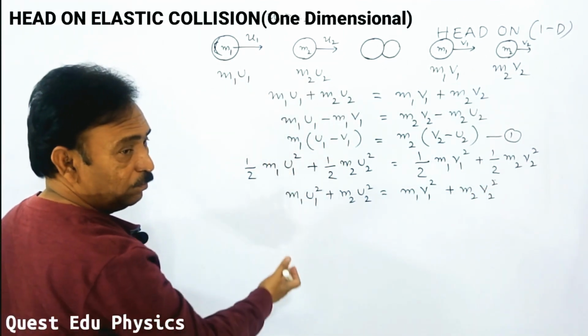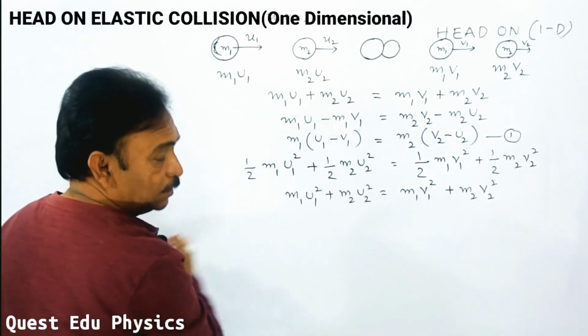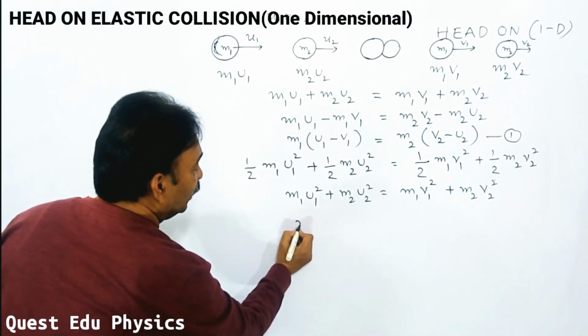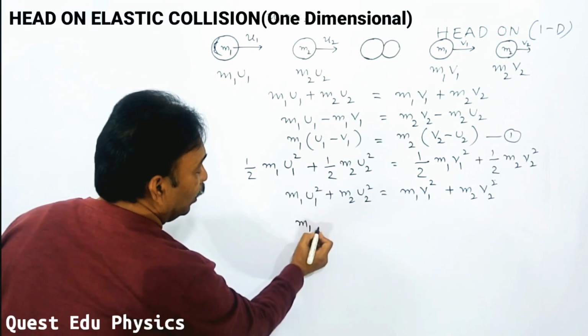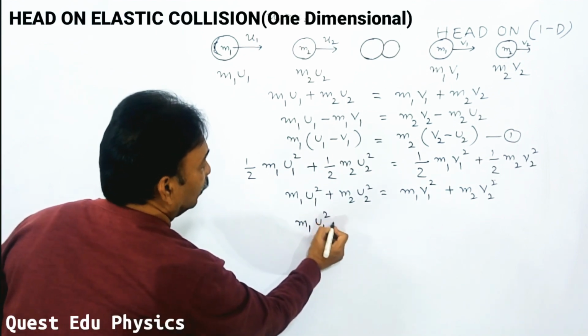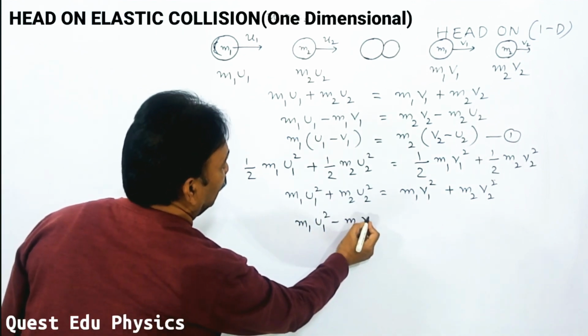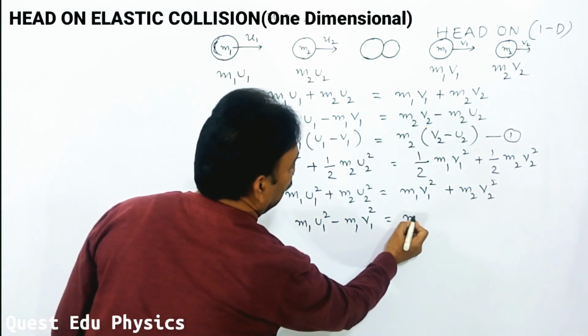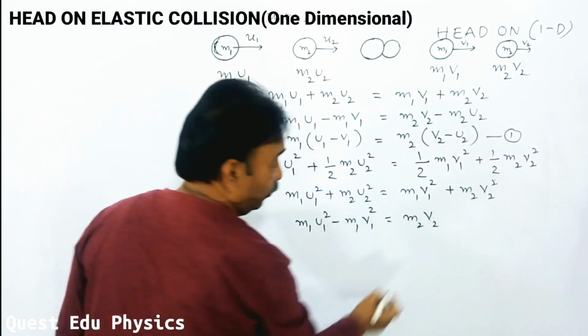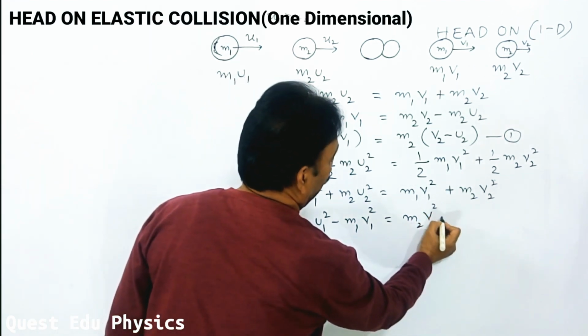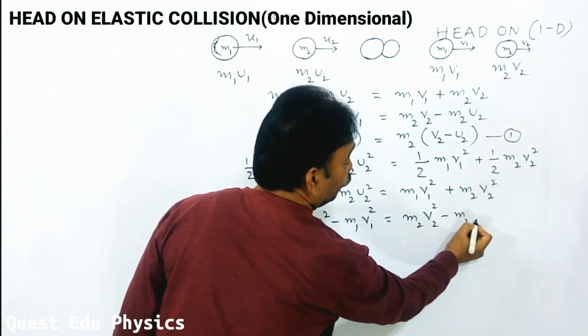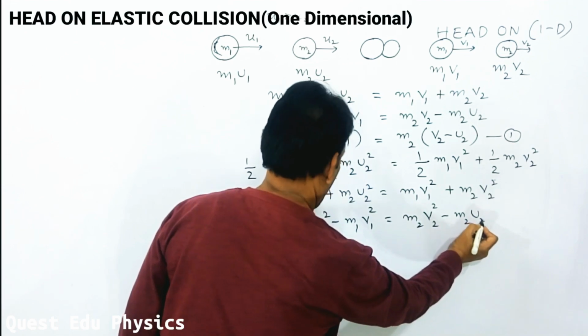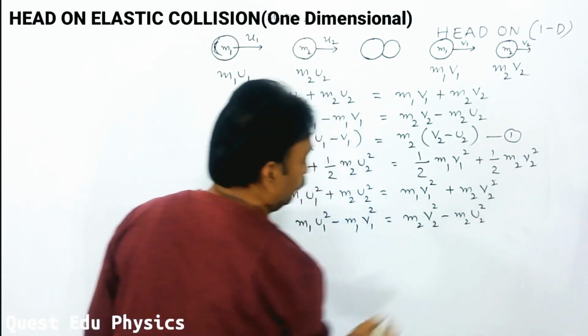We are doing the same thing as before, bringing the similar terms to one side. That is m1 u1 square minus m1 v1 square is equal to m2 v2 square minus m2 u2 square.